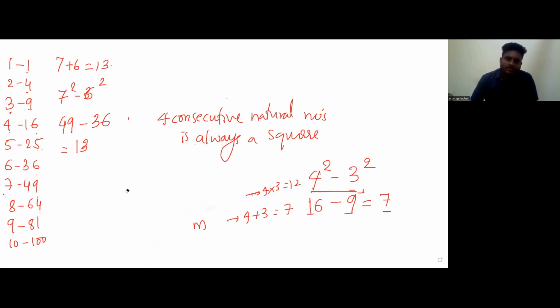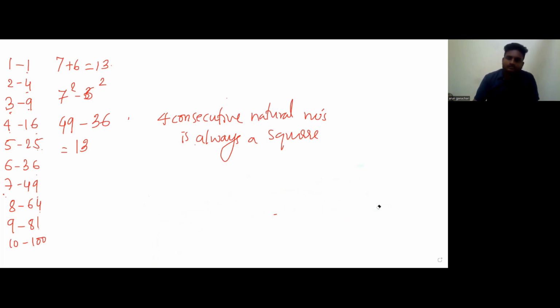The product of four consecutive natural numbers plus 1 is always a square. This is your fourth point.